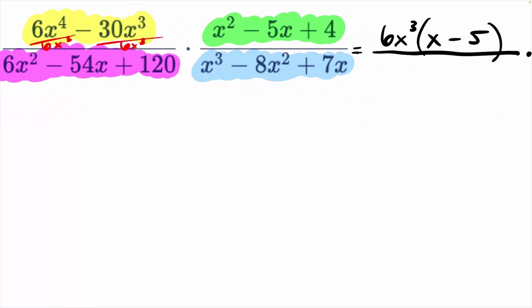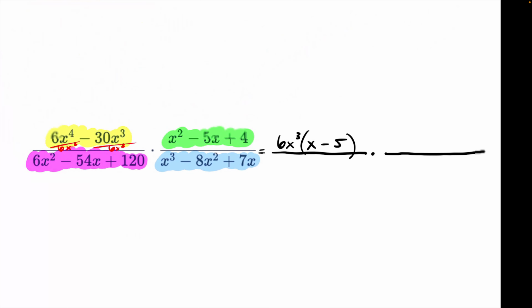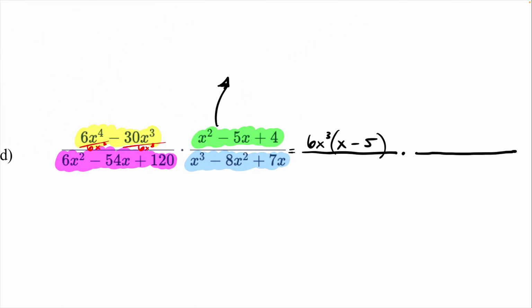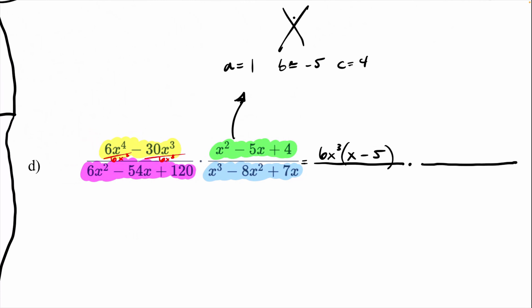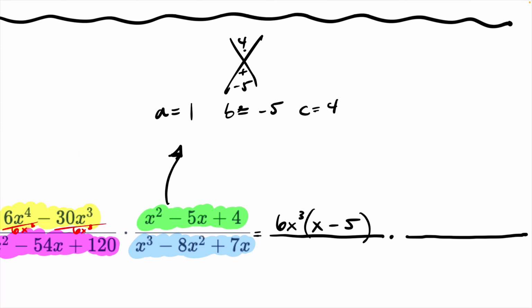Green. Green is a trinomial. Doesn't have a GCF. So we'll go 1, negative 5, 4. I'm looking for the two numbers that multiply to be 4 and add to be negative 5.